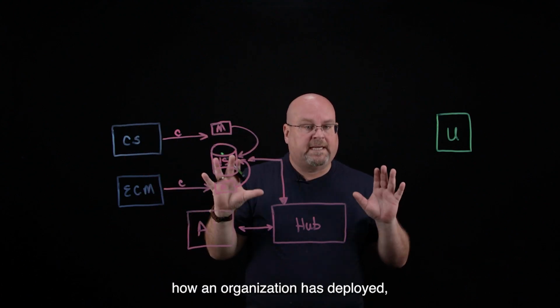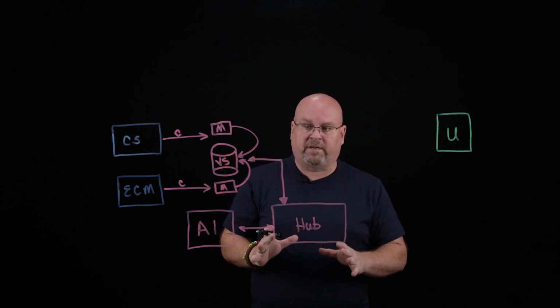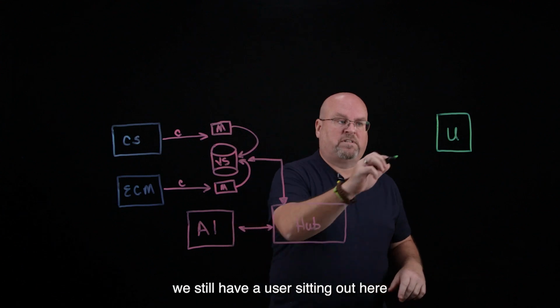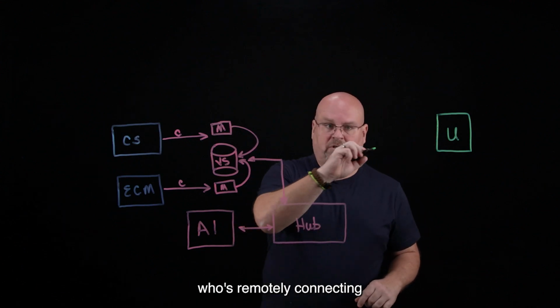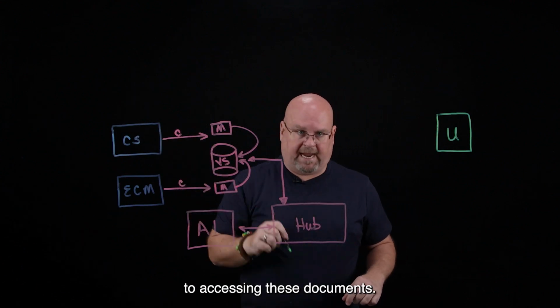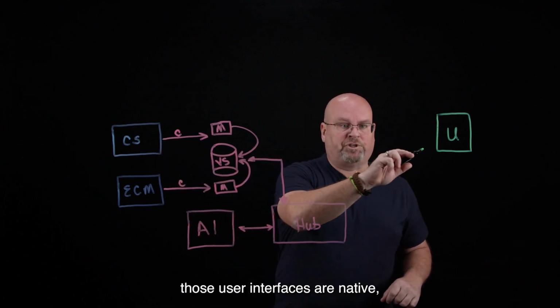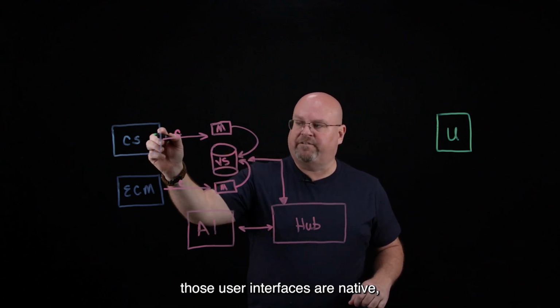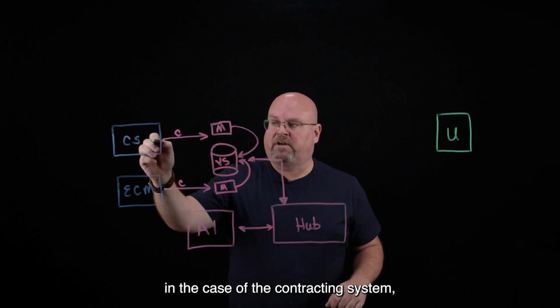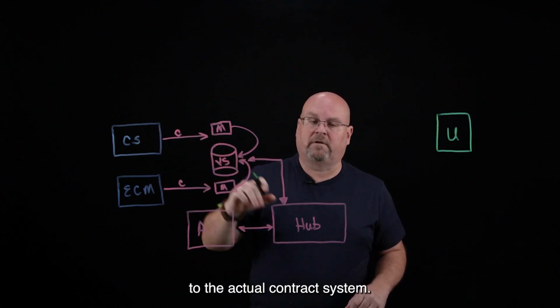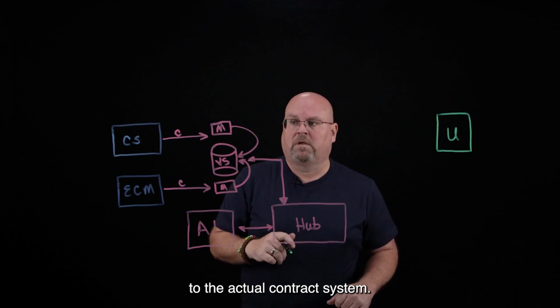Depending on how an organization has deployed the management and the access, we still have a user sitting out here who's remotely connecting to accessing these documents. And sometimes those user interfaces are native. In the case of the contracting system, those user interfaces can be native to the actual contract system.